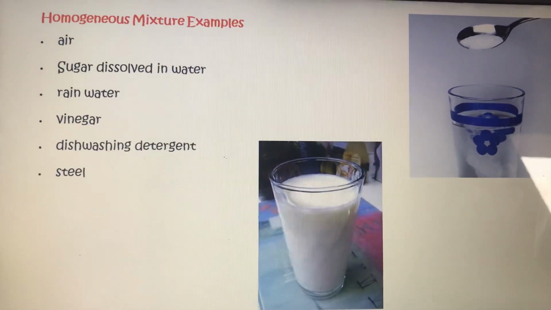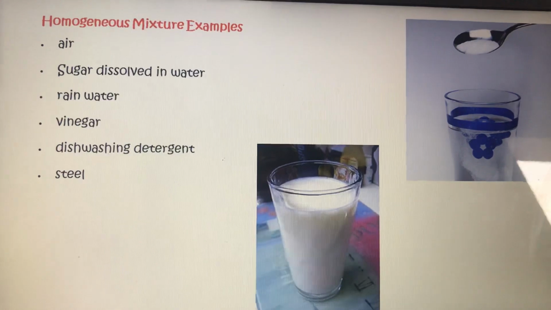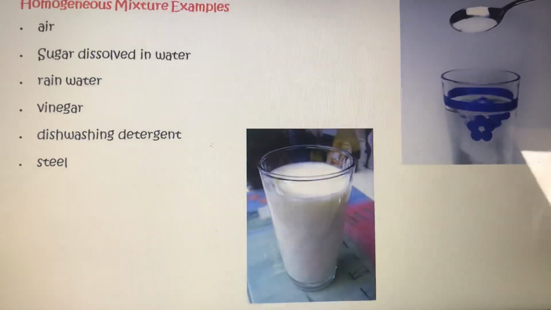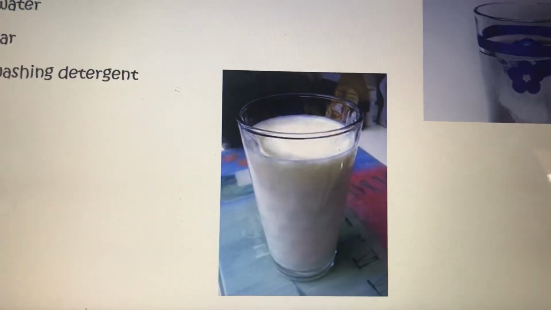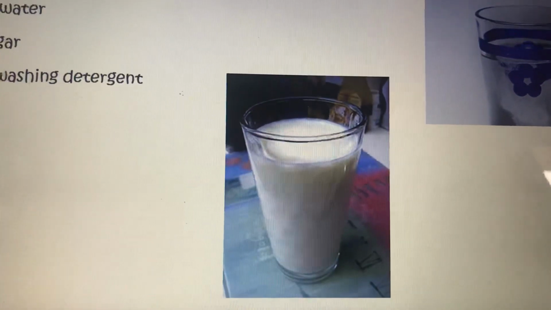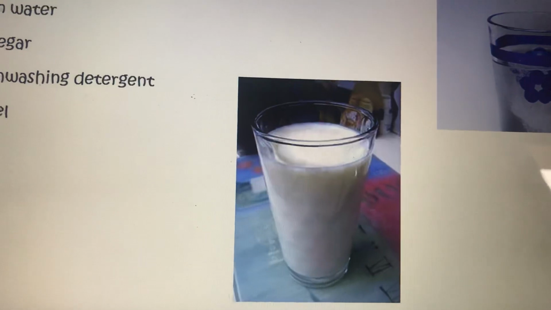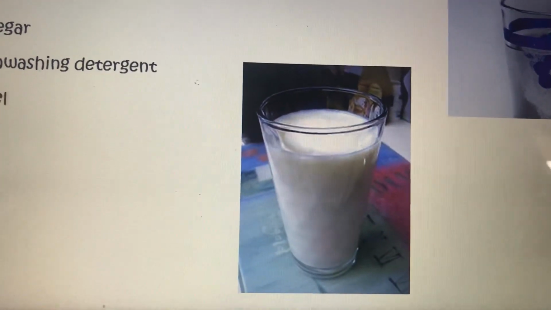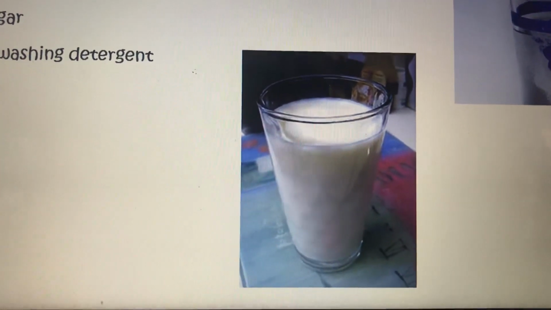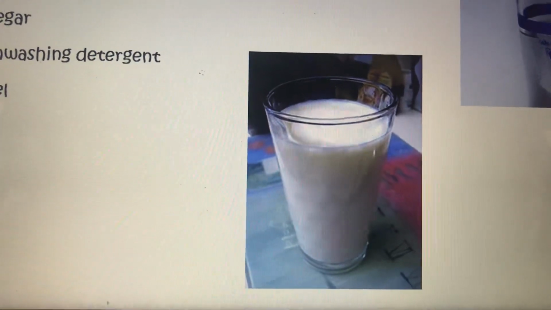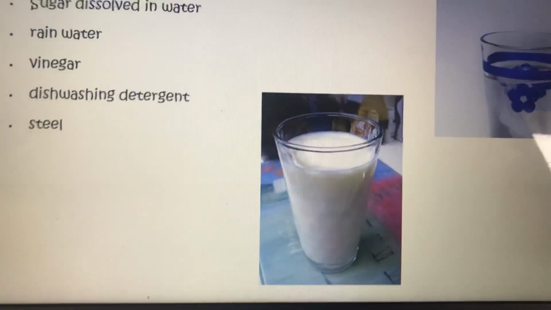Steel is an example of a homogeneous mixture because you can see one phase. The milk in this picture, I can see a cup of milk. Milk is milk powder dissolved in water. So I can see one phase, but if I look deeply in this mixture, I can see that it's made up of water and milk, but I cannot separate them easily.